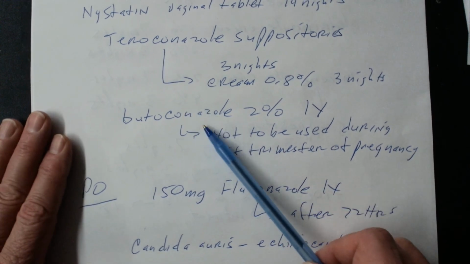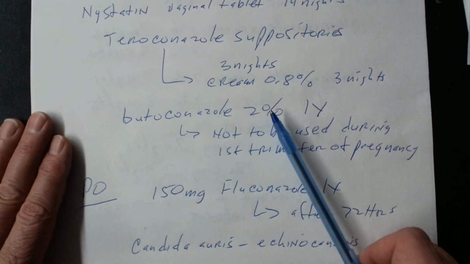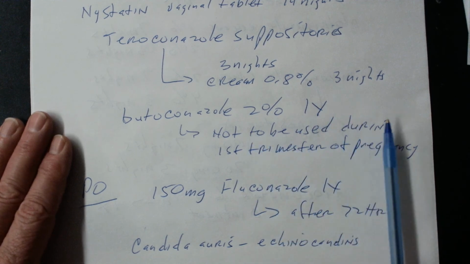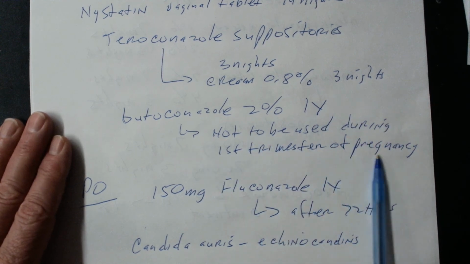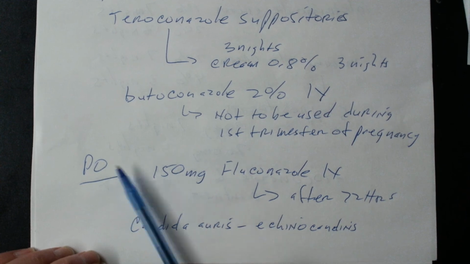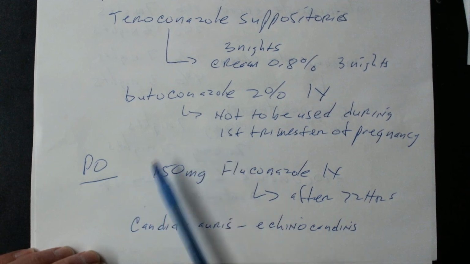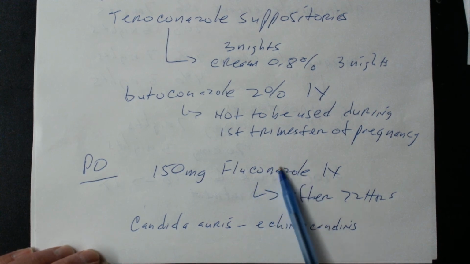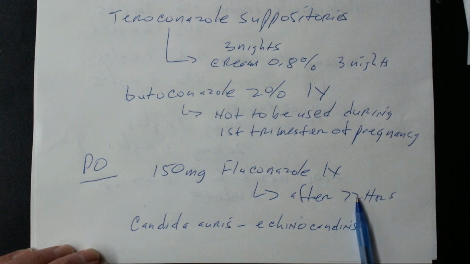There's also butoconazole cream, 2%. That's a one-off, but you don't use that during the first trimester of pregnancy. Oral medications, 150 milligrams of fluconazole. And if symptoms persist, you can repeat that after 72 hours.